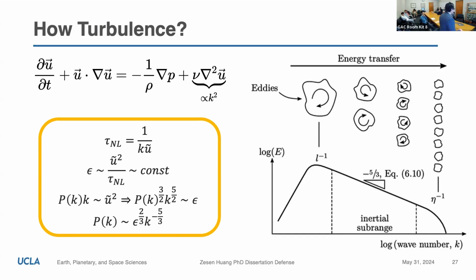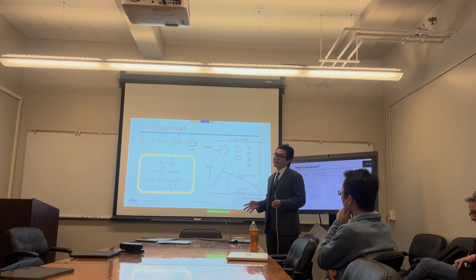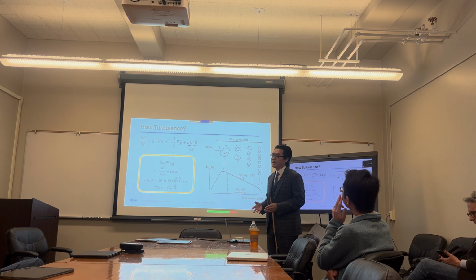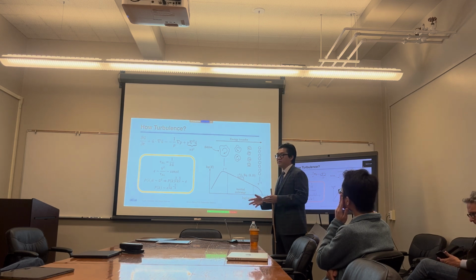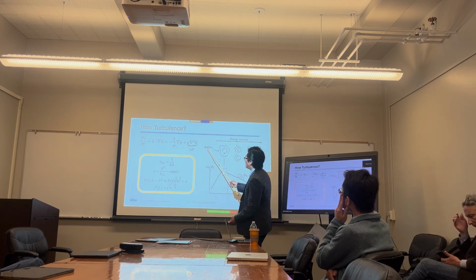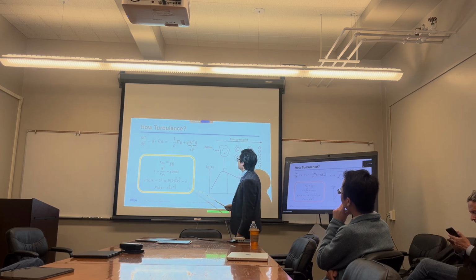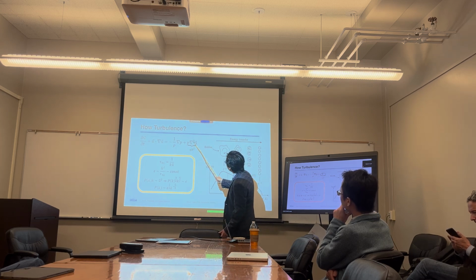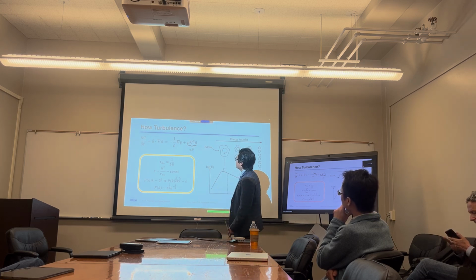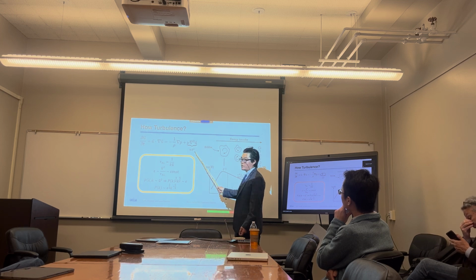Suppose this fluid has almost zero viscosity and still has a constant energy input. From observational results, the fluid will find a way to dissipate the energy at some point. However, the dissipation term here, which is the kinetic viscosity, is nu times the Laplacian of u. If you Fourier transform that, it's proportional to k squared.